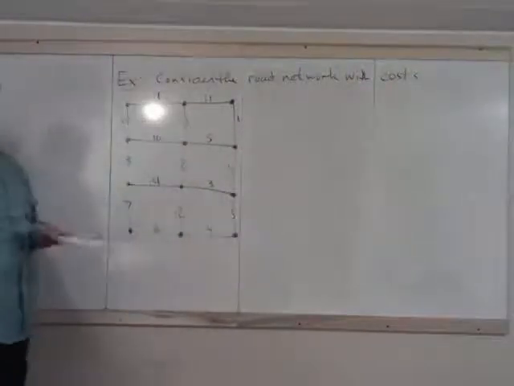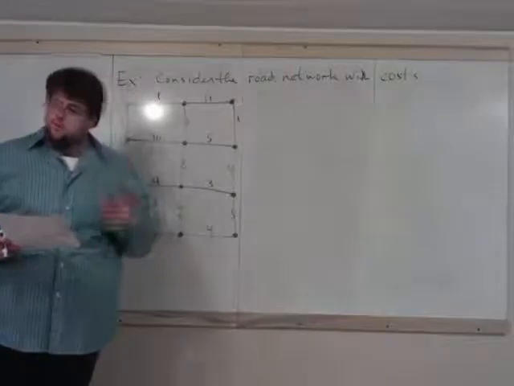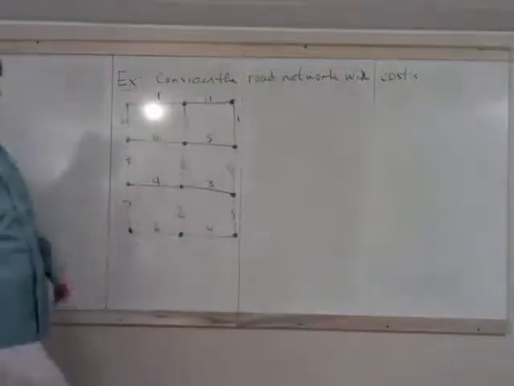So in that first example, it was relatively easy to find when a cycle was created.